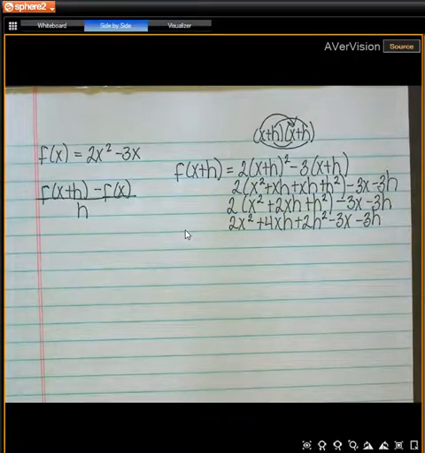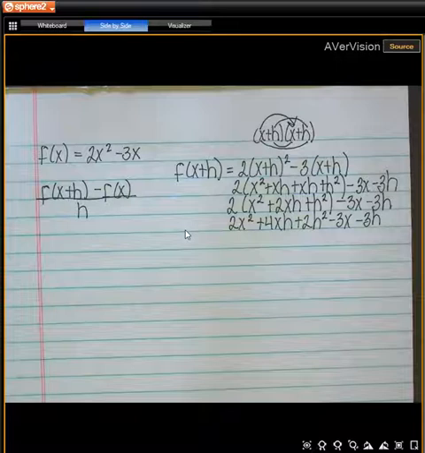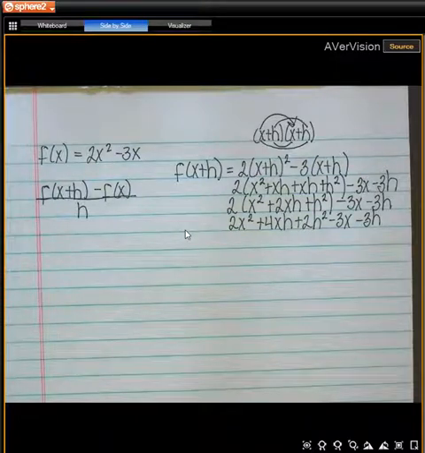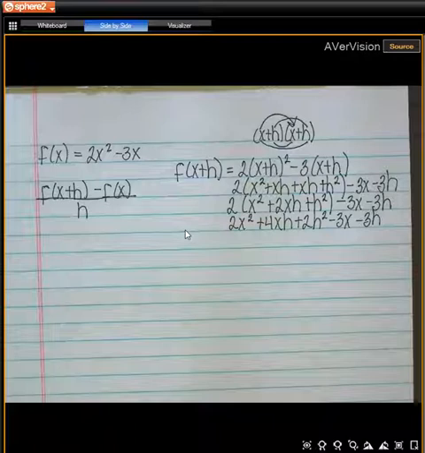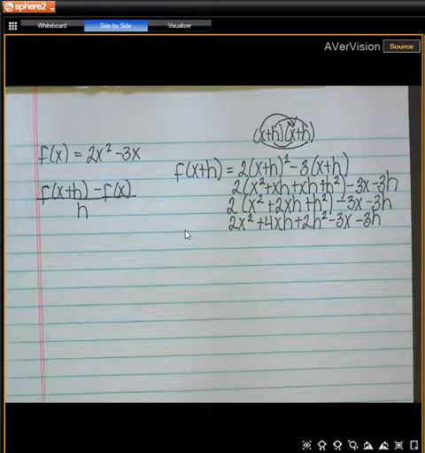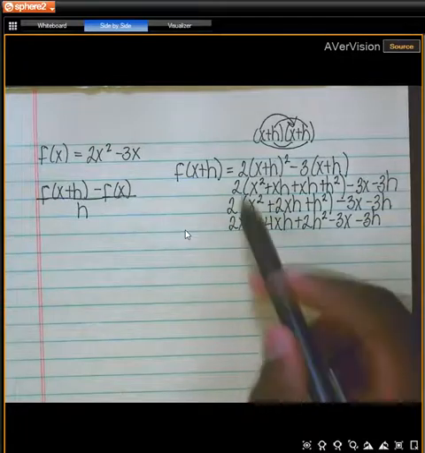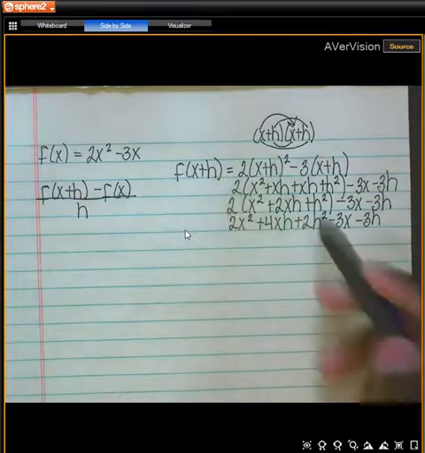When we distribute the 2, we get 2x squared plus 4xh plus 2h squared minus 3x minus 3h. Do we have any like terms we can combine? No, we don't. So this is what f of x plus h is.